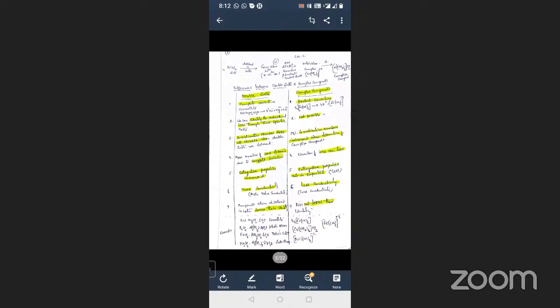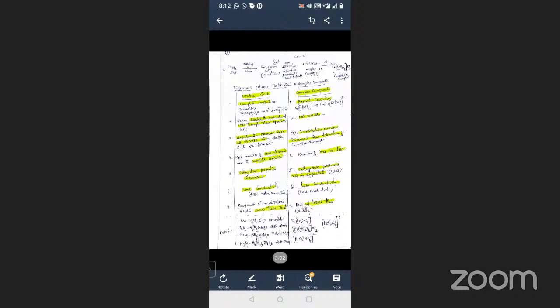The compounds when dissolved in water lose their identity. The complex does not lose its identity. So these are the differences.